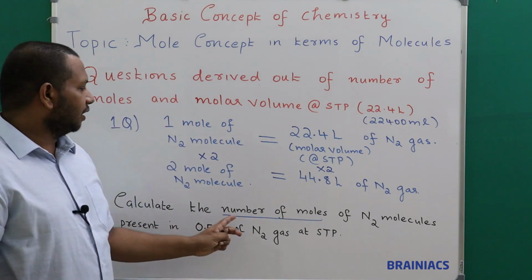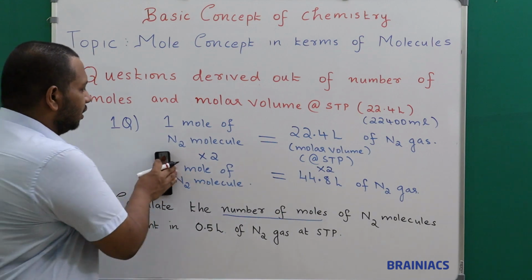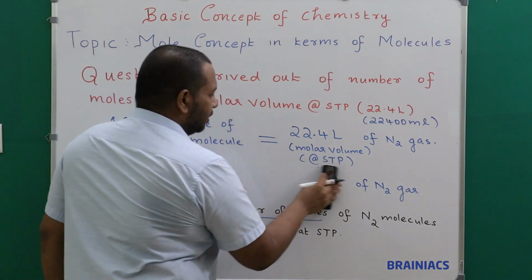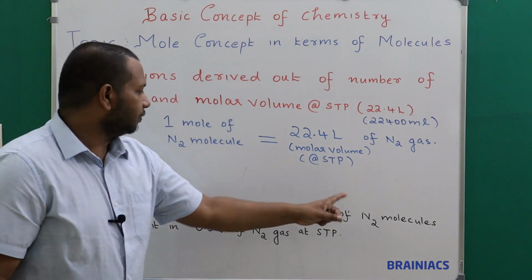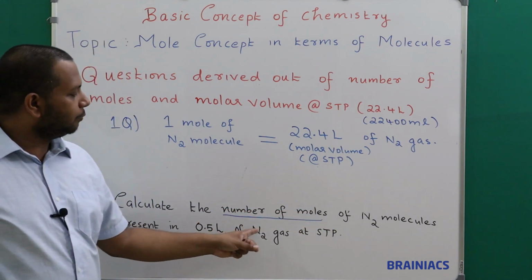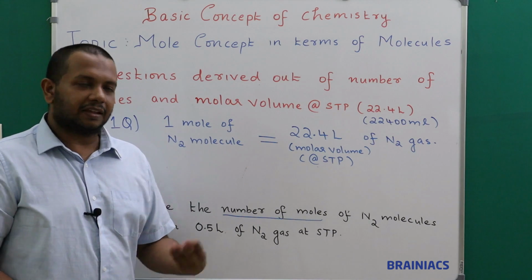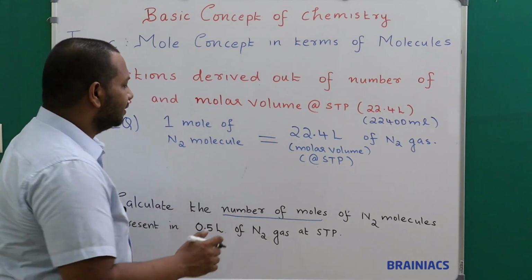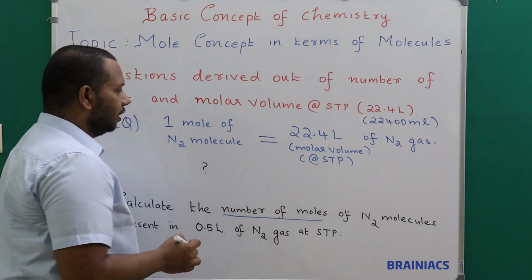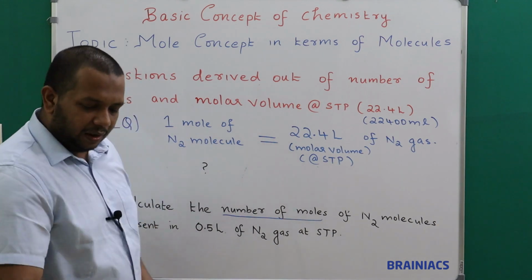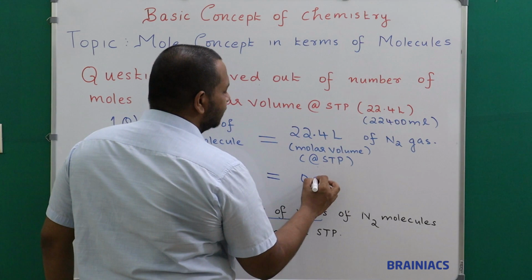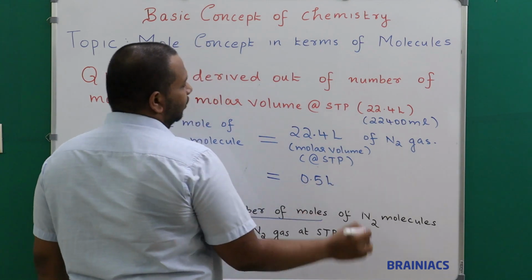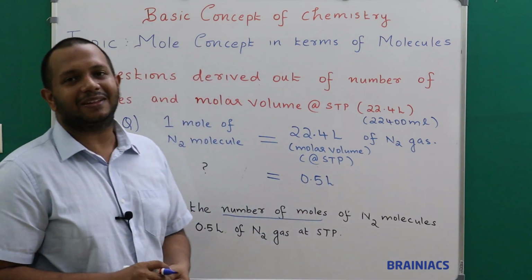Now in this question they are asking you to calculate the number of moles of nitrogen molecules present in 0.5 liter of nitrogen gas at STP. This is what you need to find out, and they have given you 0.5 liter.